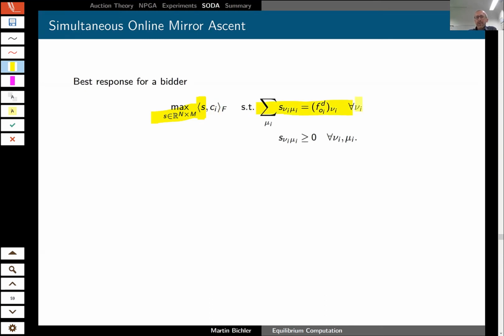And we have a constraint, which essentially says, well, the sum of the probabilities of type nu I playing these different bids mu I needs to equal the marginal distribution, right?